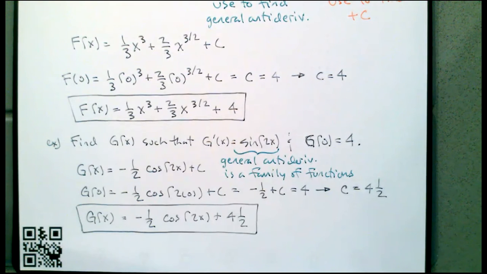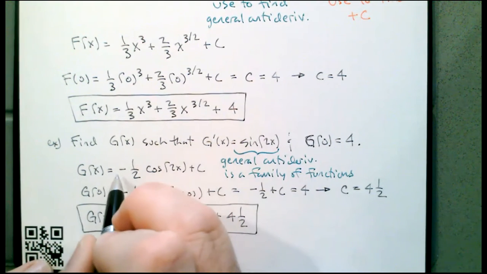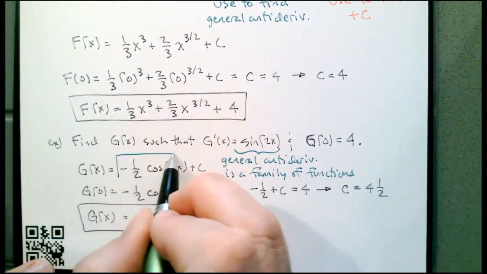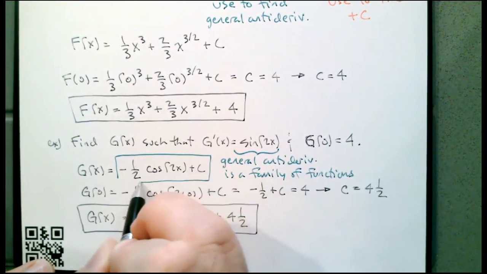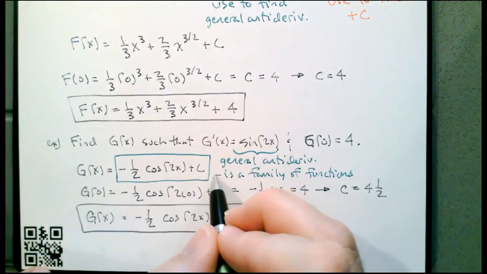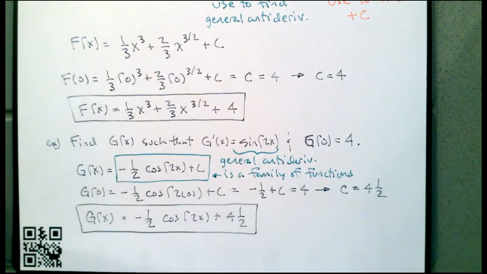The general antiderivative is a family of functions that all have a particular form. The only thing that's changing is the constant term.